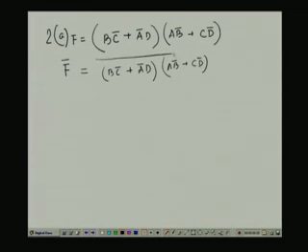Now, if we apply De Morgan's law or the duality principle, the two operators will interchange, that means plus becomes dot, dot becomes plus, and the complemented literals become the uncomplemented ones and vice versa.